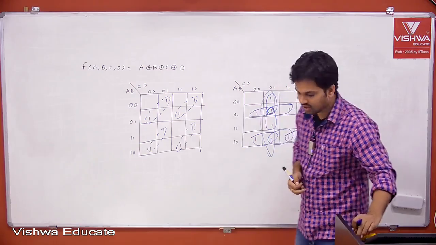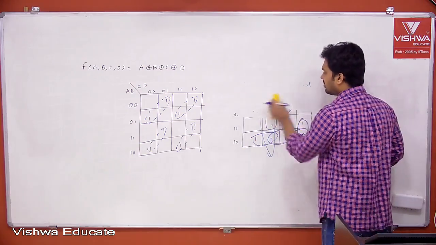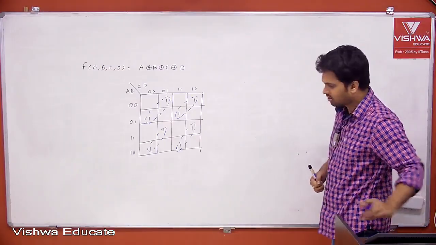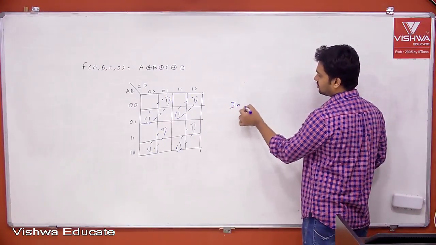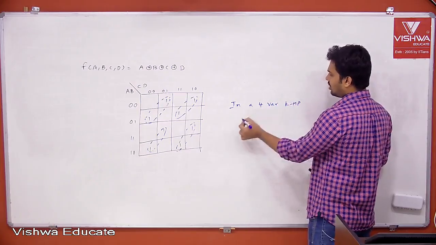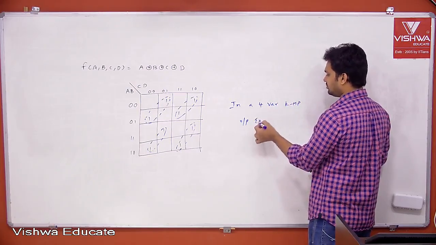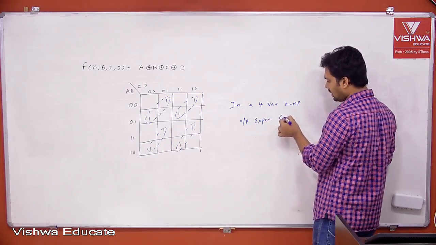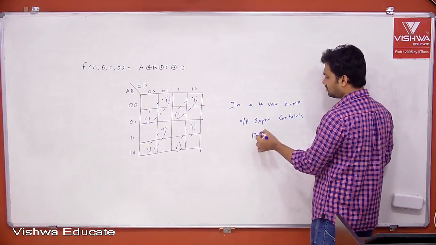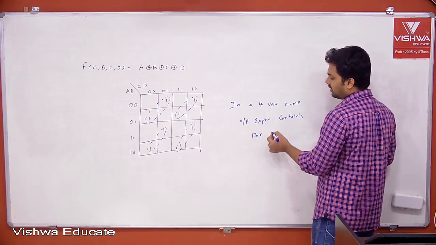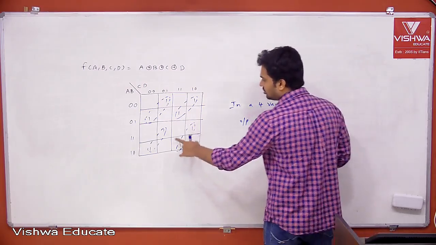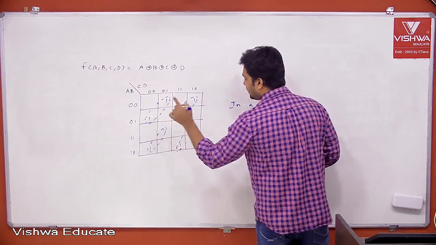So you can see, in any 4 variable K-map, for any function, the output expression contains a maximum of 8 terms. 1, 2, 3, 4, 5, 6, 7, 8.